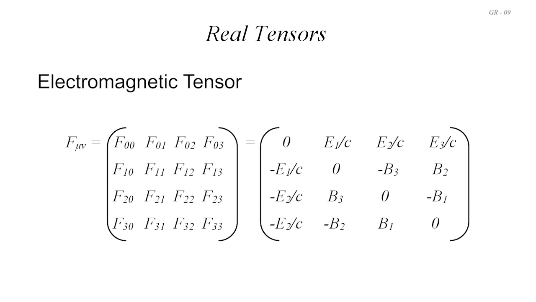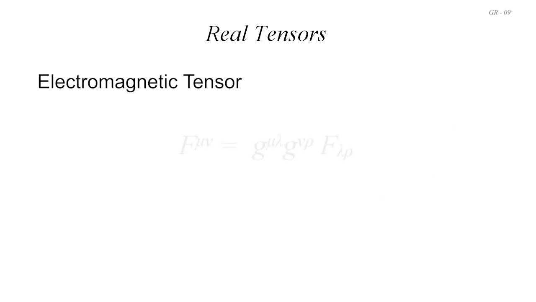I say covariant version because the 2 indices here are in the lower position. We could, of course, change either or both of these to the upper position by using the metric tensor. For example, the wholly contravariant version of the electromagnetic tensor would be found by recalculating each of the 16 components by application of the metric tensor twice.